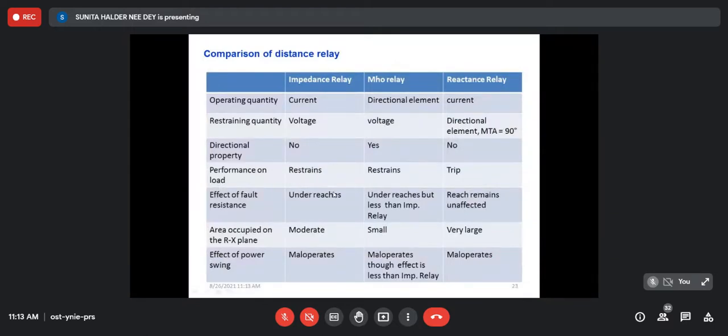Otherwise, I shall proceed. Can you see the slide? Yes, ma'am. Then tell me if you have any query. I am waiting for that. Otherwise, I shall go to the next topic. No, ma'am, no queries.